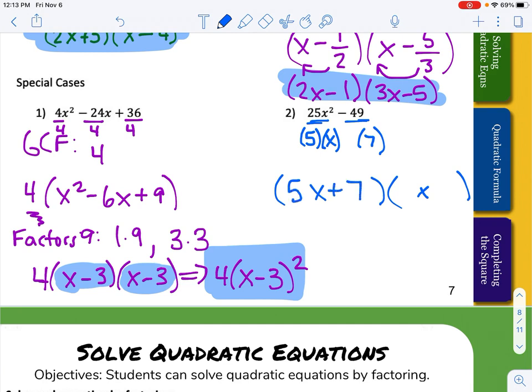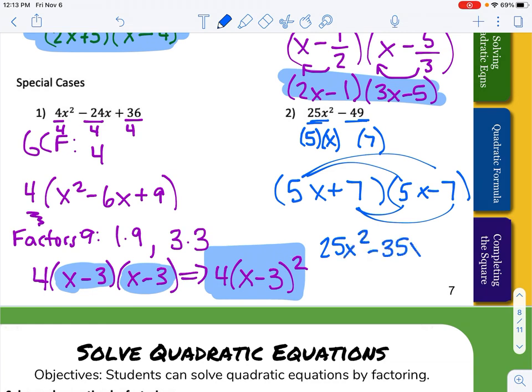But then the sign in between 5x and 7 in each of them is going to be opposite. So if you were to FOIL this out, first, outers, inners, last, you would end up getting 25x squared minus 35x plus 35x minus 49.